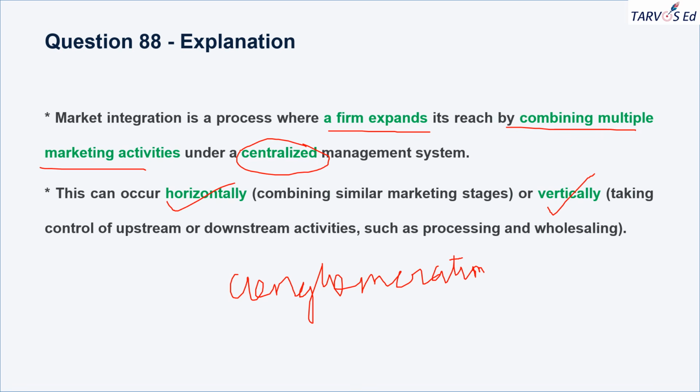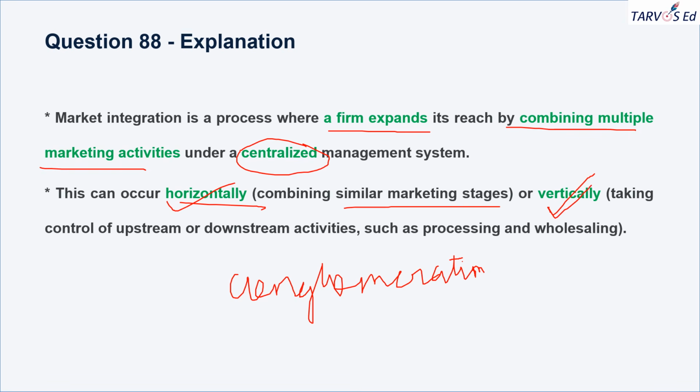So in case of horizontal integration, what the sellers or the marketing unit does is that they combine similar marketing functions. For example, Vodafone merging with Idea, they are performing same marketing function, so they join together and they came under a single management system. This is what we call it as horizontal integration.